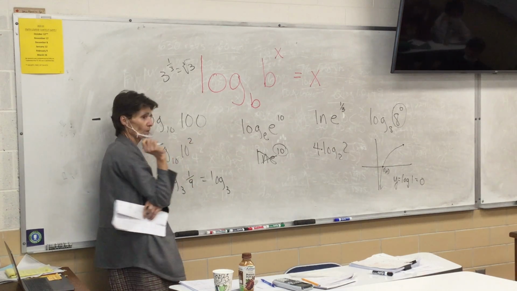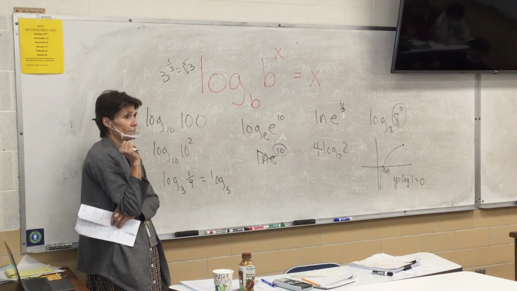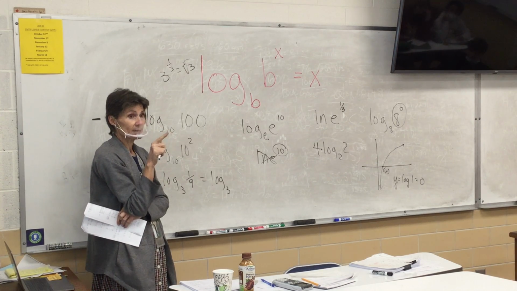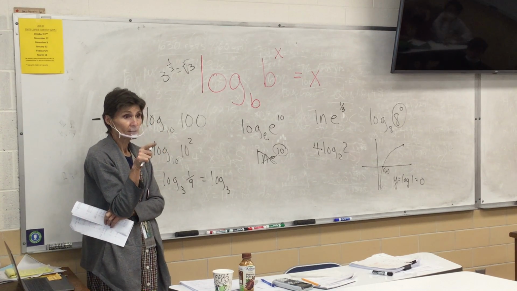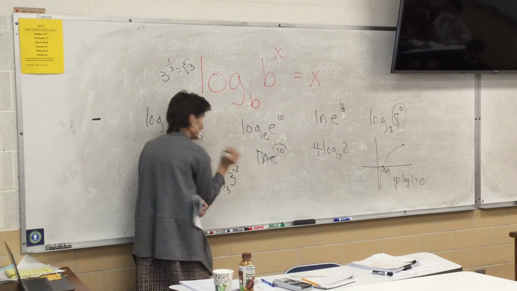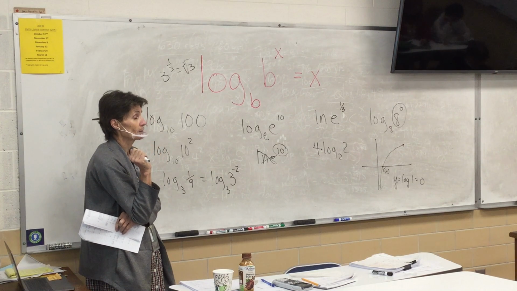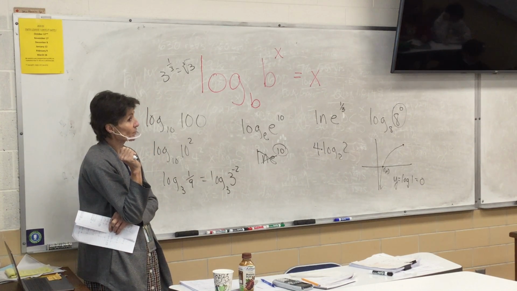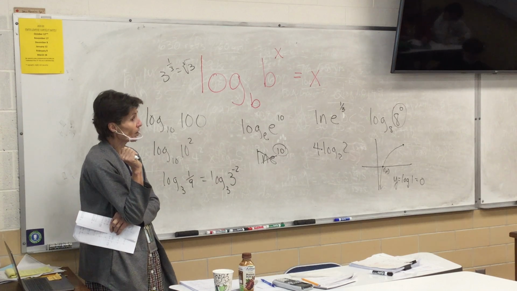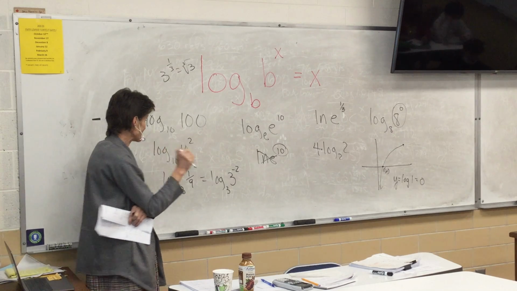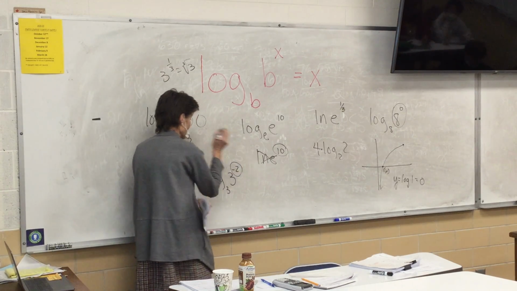How do we get 1 over 9? Well, it's a negative exponent, right? And isn't 9 3 squared? So won't this be 3 to the -2? You've got to have your thinking caps on. It's not hard, but you've got to think. So what's the answer to that problem? -2.